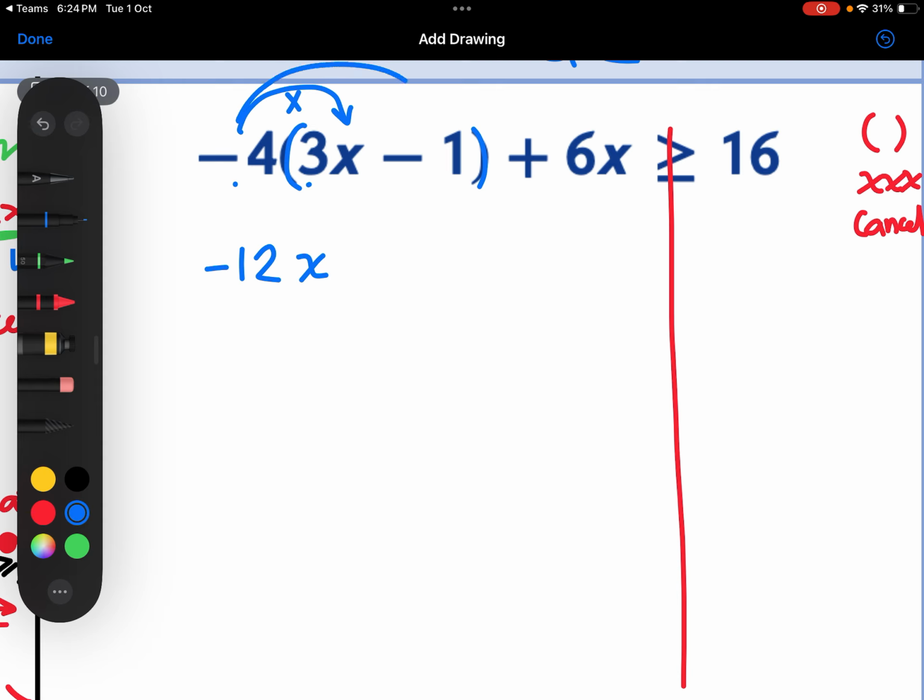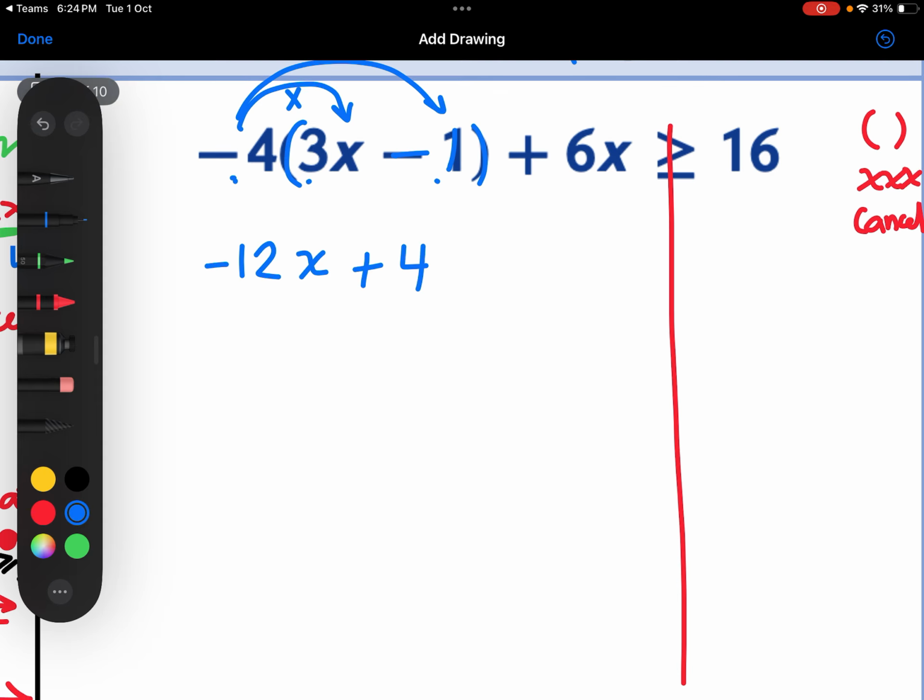Negative 4 times negative 1 is 4, but positive. How? Because of the smiley faces. Negative with positive is negative. Negative with negative is positive. As you can see. Write the rest of the inequality. I'm done with my bracket.